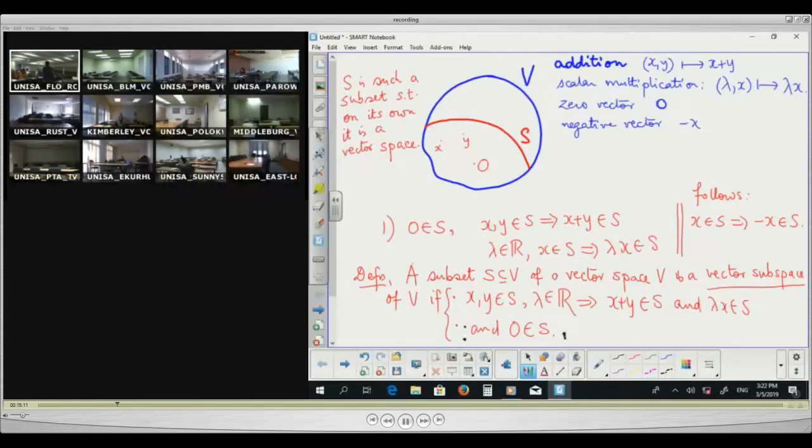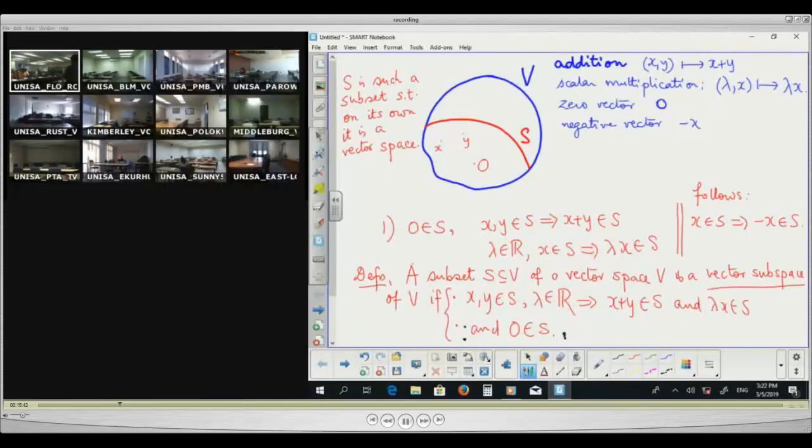You either say that you are taking any subset, then it should satisfy these two, or suppose you tell me that the subset is non-empty. If the subset is non-empty, then I can take an x from there, right? And then taking lambda to be 0, 0 times that x which I have taken is 0, so 0 also belongs to S.